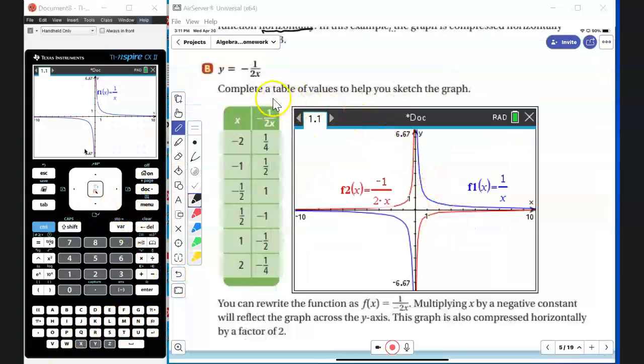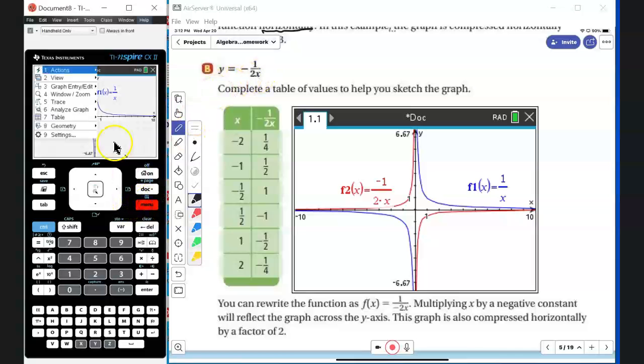So the next example is y equals -1/2x. So here's our table, and here's our values, and here's our parent function, 1/x. What I'm going to do now is you're going to notice that that 2 is going to horizontally compress by a factor of 2.